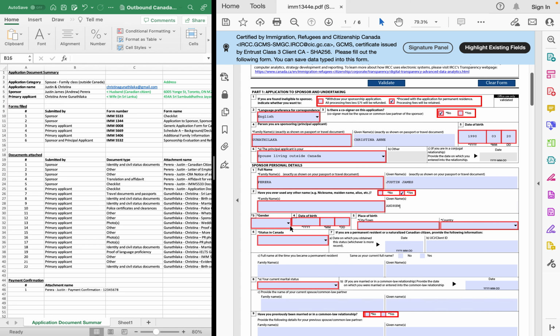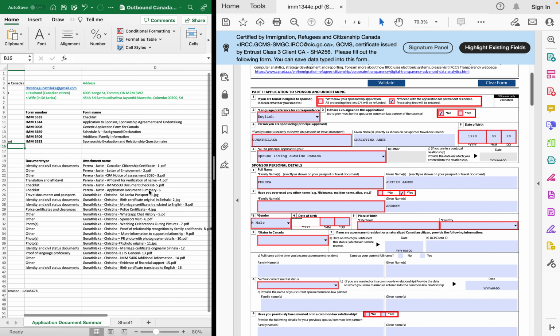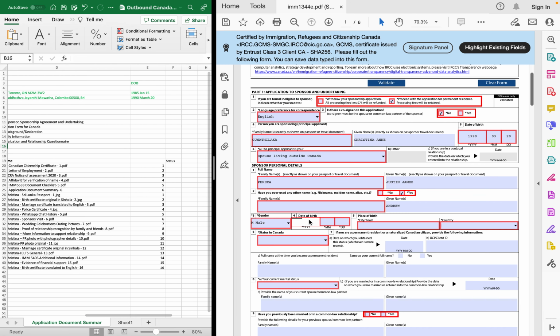All good. Now we are in the sponsor's details. The gender is male because it's the husband, and that person's date of birth, according to this dummy data, is 1985, January 15th.